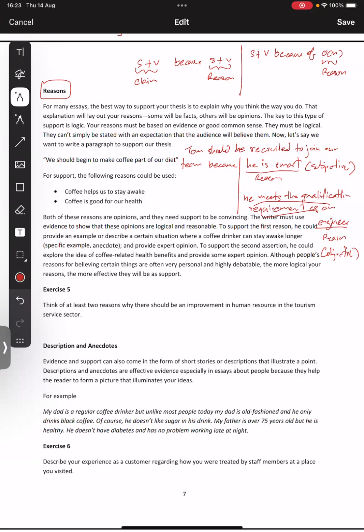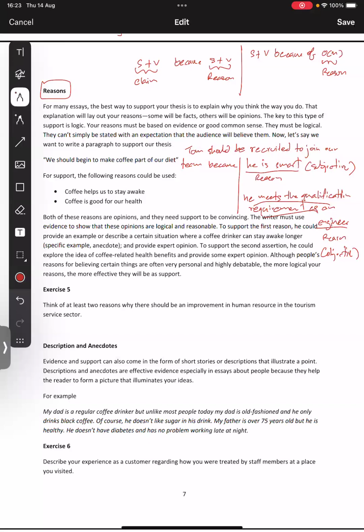But the main thing is how could you elaborate upon that reason? Right now, if we compare between these two reasons, he is smart and he meets the qualification requirement, you will see that the first one is kind of weak, right?